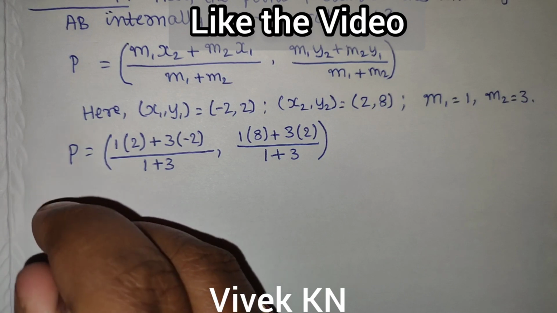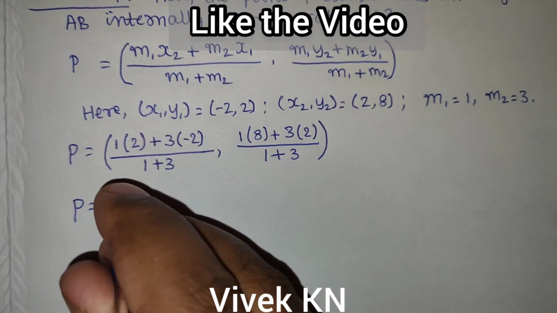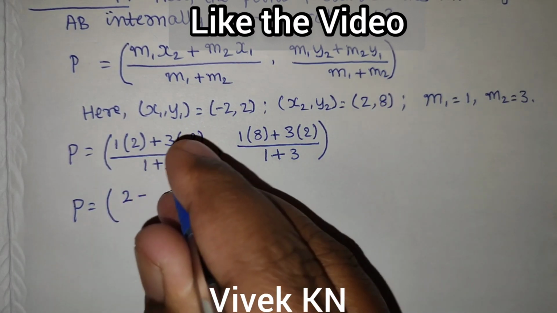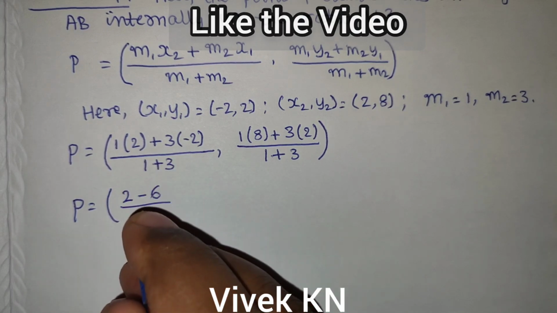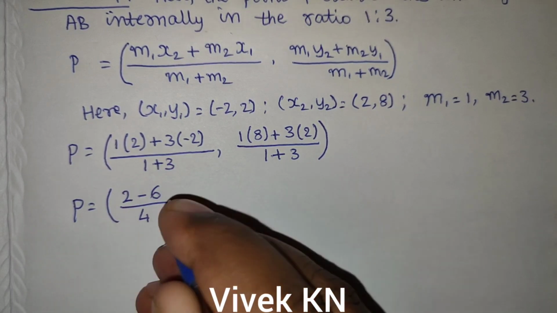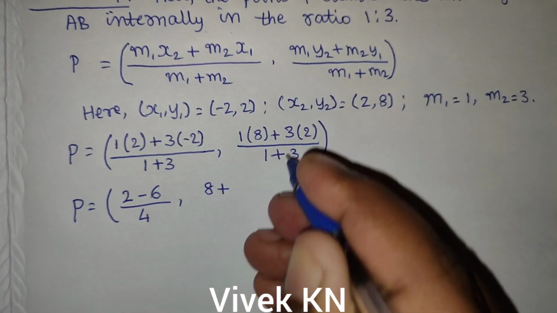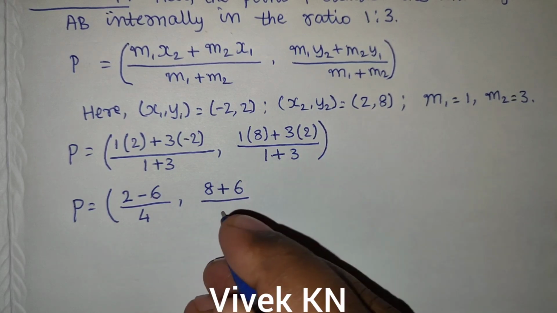That is P is equal to 1 into 2 is 2, plus 3 into minus 2, which is minus 6, divided by 1 plus 3 is 4, comma, 1 into 8 is 8, plus 3 into 2 is 6, divided by 1 plus 3 is 4.